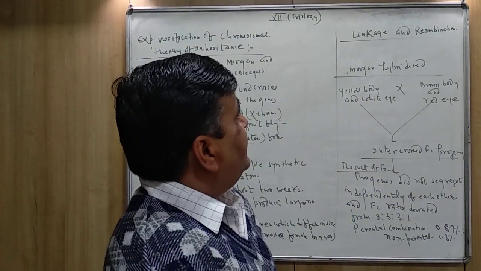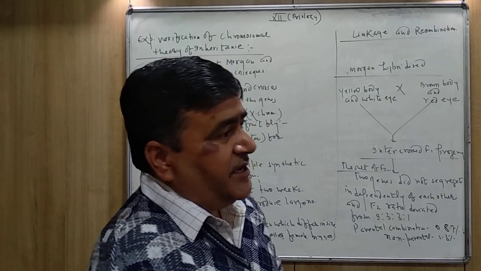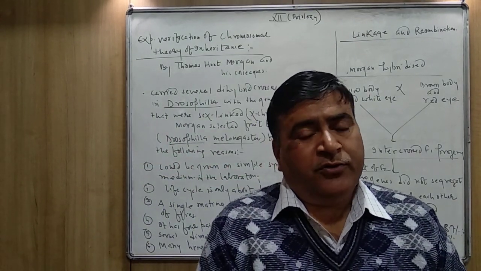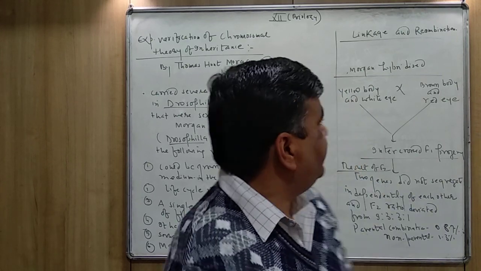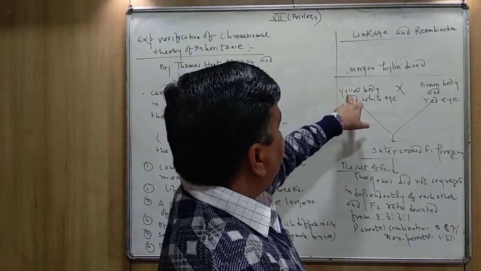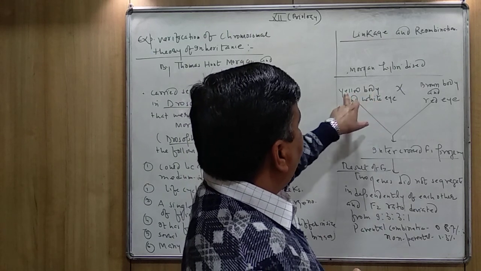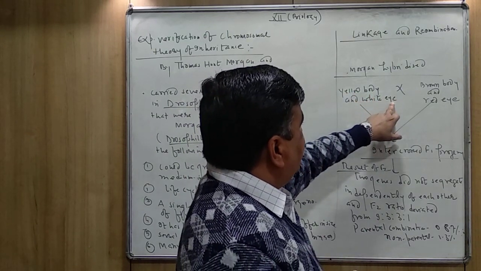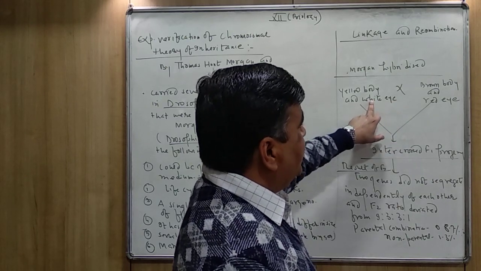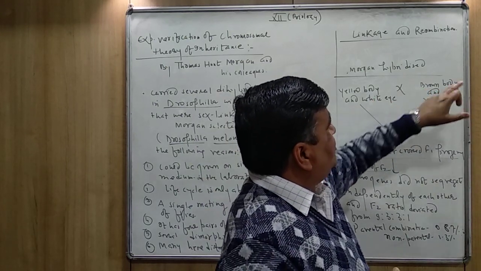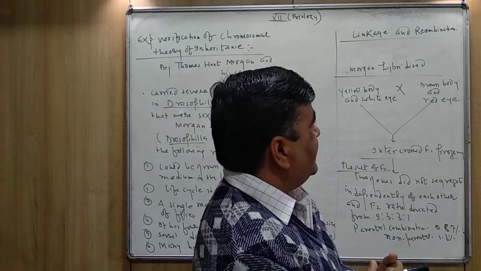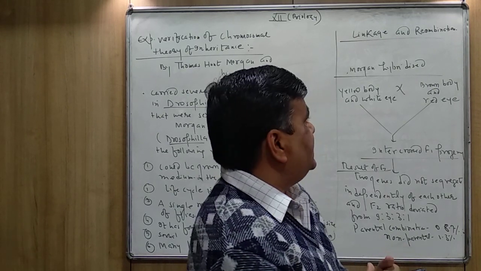T.H. Morgan hybridized two variants of Drosophila. I have written here, in one Drosophila the color of the body was yellow and the color of the eye was white, and in the other Drosophila the body color was brown and the eye color was red.